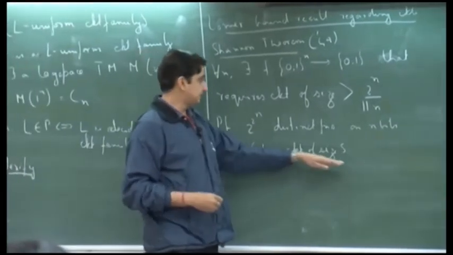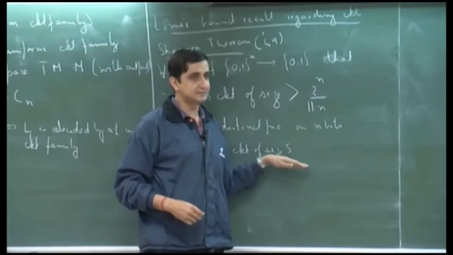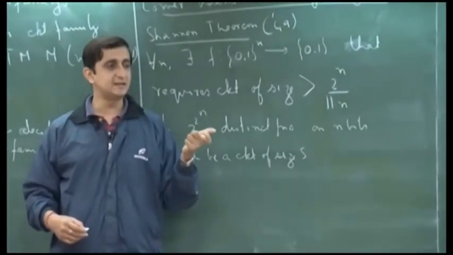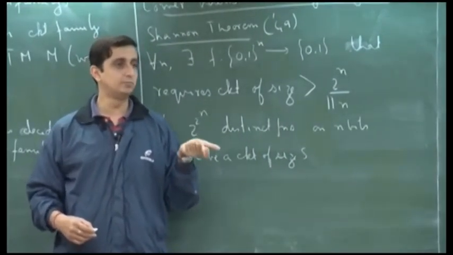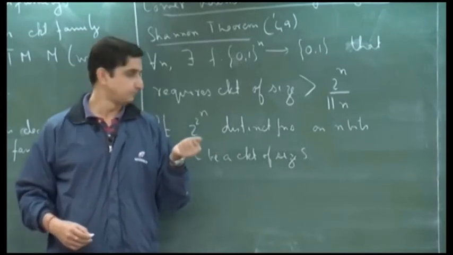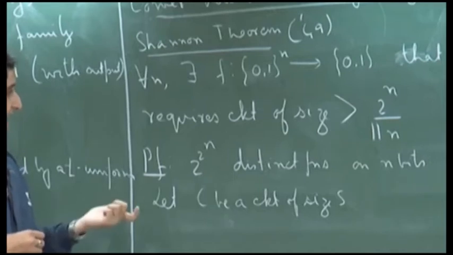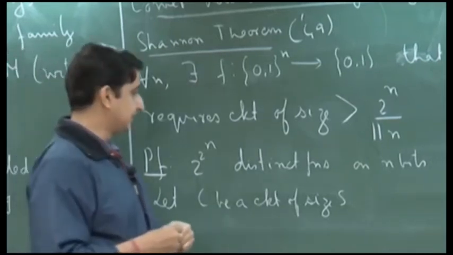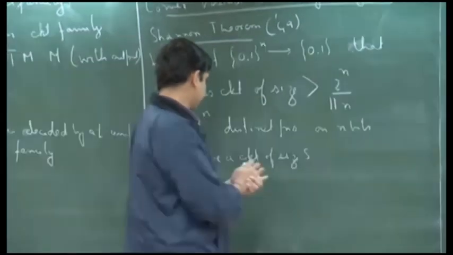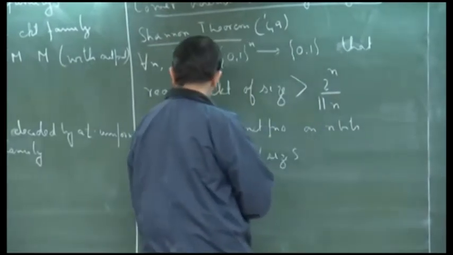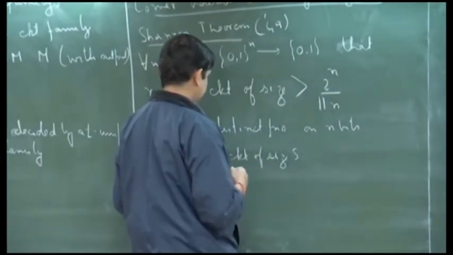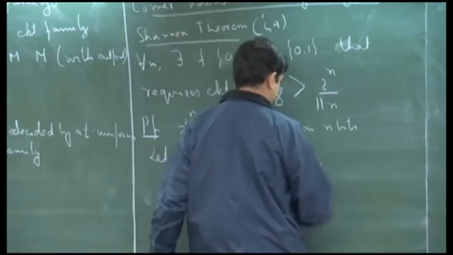So, I can represent a circuit using an adjacency list where each list has no more than 2 elements. Okay. So, there are S many vertices, and corresponding to each vertex there is a list of size at most 2.